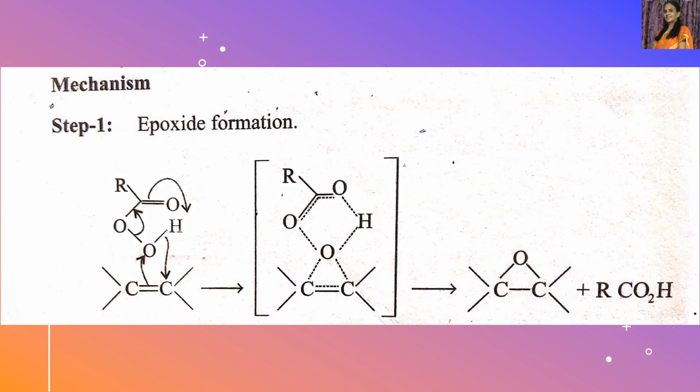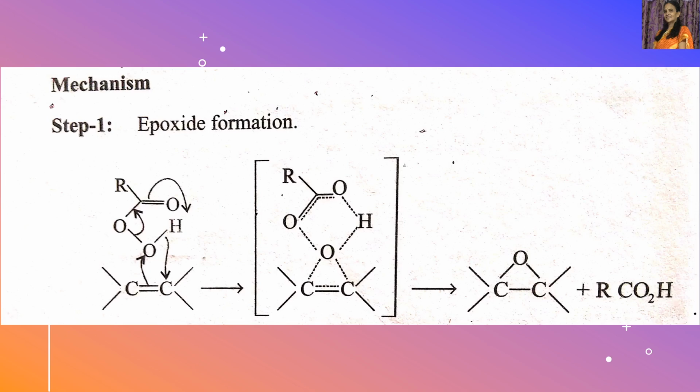Now let us see the mechanism of this trans addition of peracids. The first step is epoxide formation. How the epoxide is formed is given here.